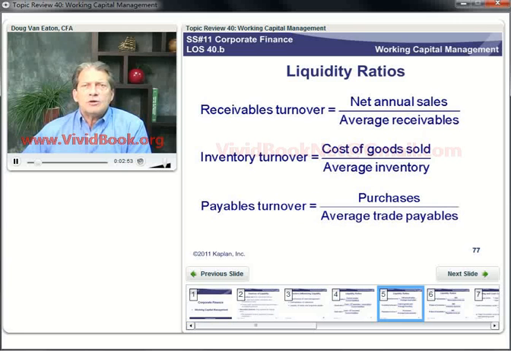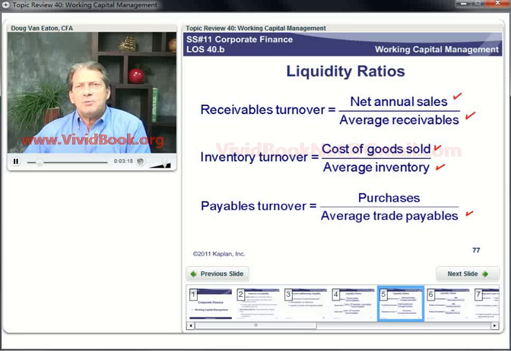We can also look at receivables turnover. Remember, that's sales over receivables. Our inventory turnover, cost of goods sold over our average inventory. Or our payables turnover, purchases over average trade payables. And note that in these, to help you remember them, they have to be consistent.